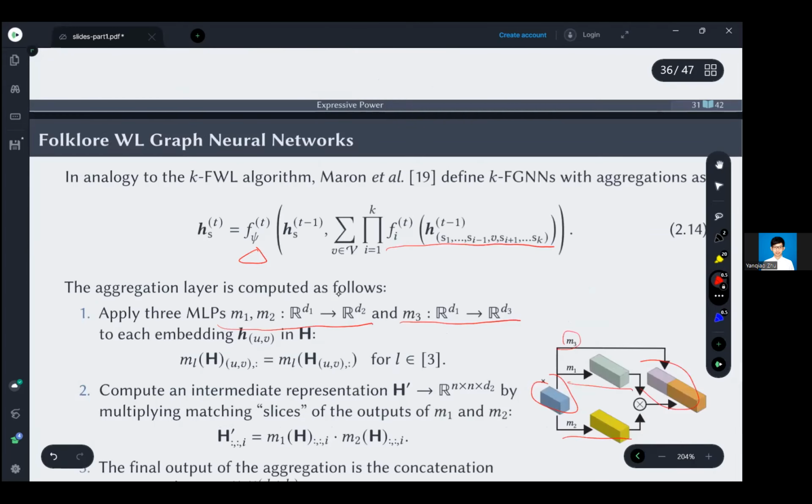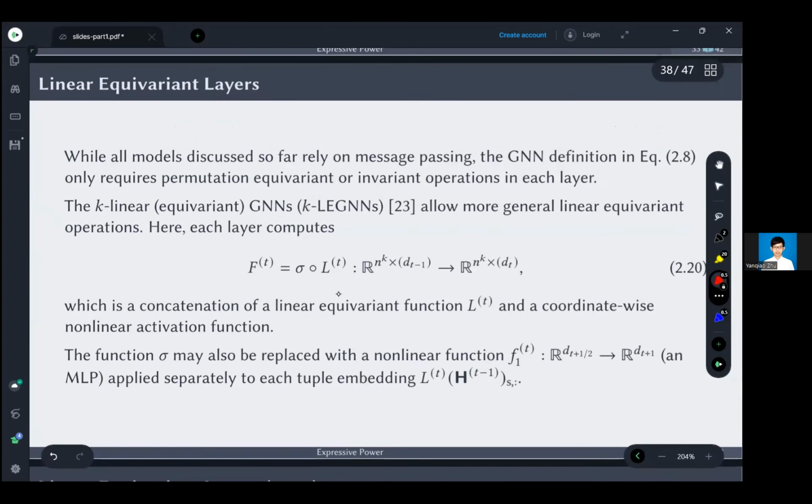This inspires a family of so-called linear equivariant networks, especially citation number 23. In this work, the K-LEGN, linear equivariant graph neural network model, replaces every function f with a linear function L plus, for example, some sigmoid function that is non-linear, but acts in a coordinate-wise manner.